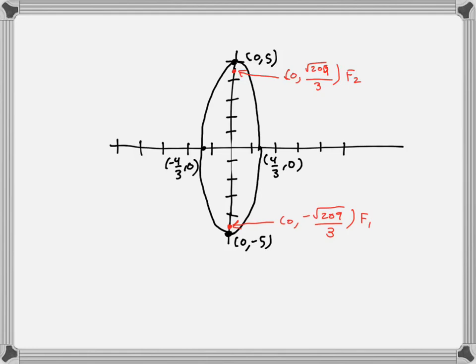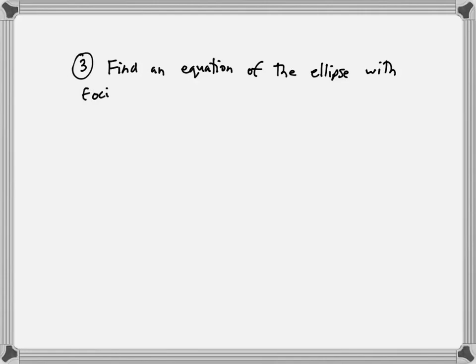Let's do another example. This one's going to be slightly different. I want us to find an equation of the ellipse with foci plus or minus 3, 0, and vertices plus or minus 4, 0.